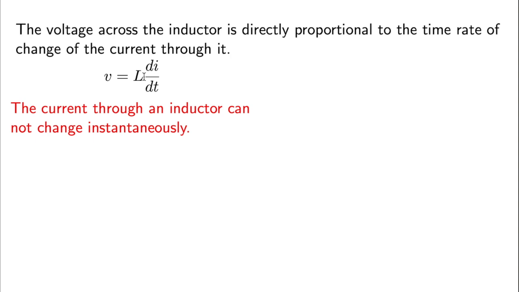Another hypothesis is that because of the change in the current, there will be an induced EMF in the inductor, and that induced EMF itself will be opposing this change of current. So because of these two interpretations, you can say that the current in the inductor cannot be changed momentarily.